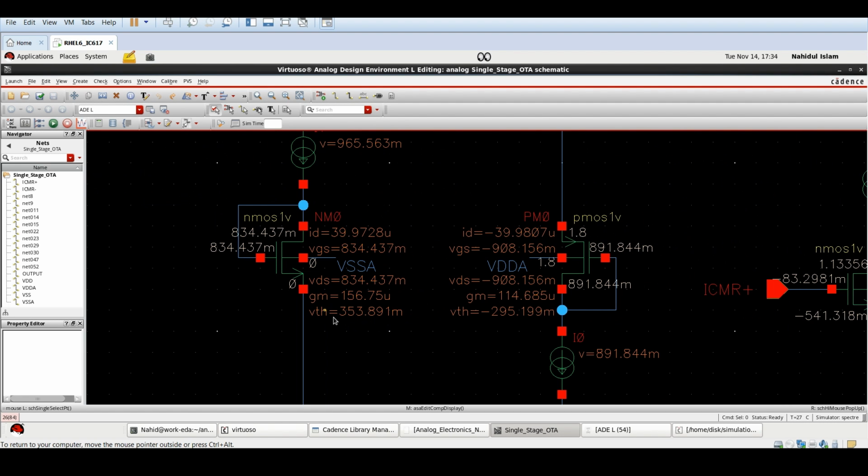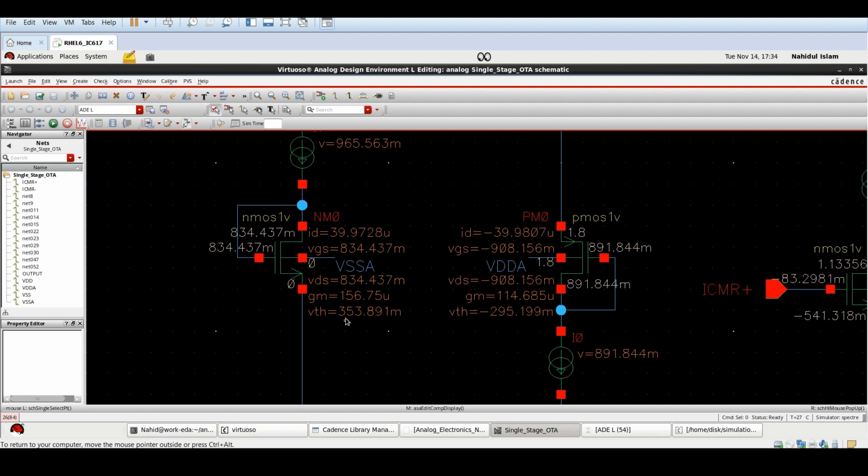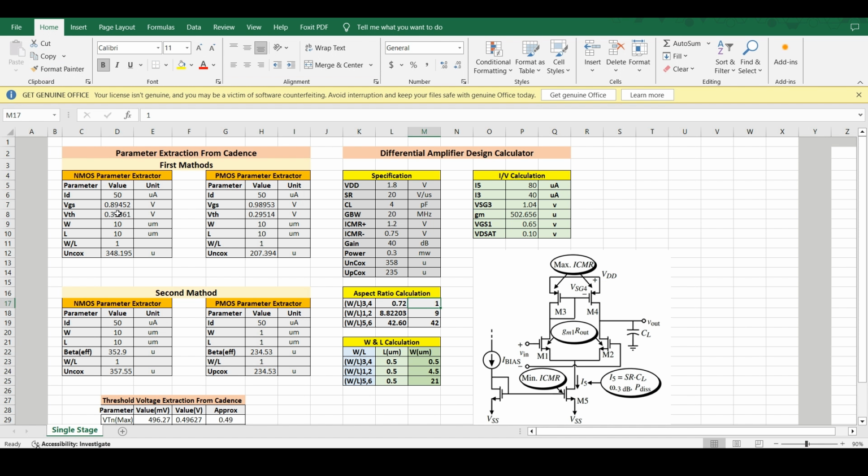You can see the threshold voltage is 353.89 millivolt. Also, here I get the gate to source voltage, which is basically 834.43 millivolt. So here I get the gate to source and the threshold voltage.